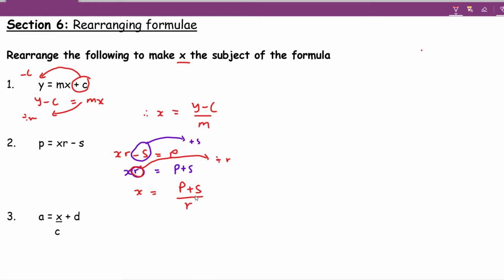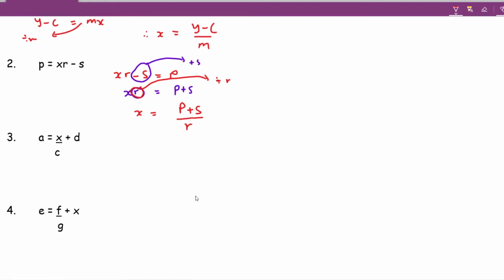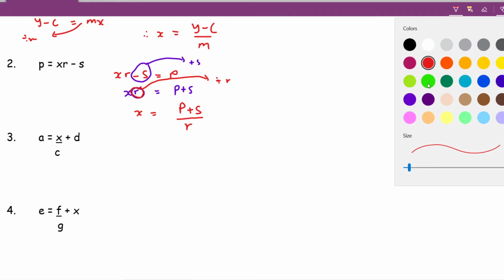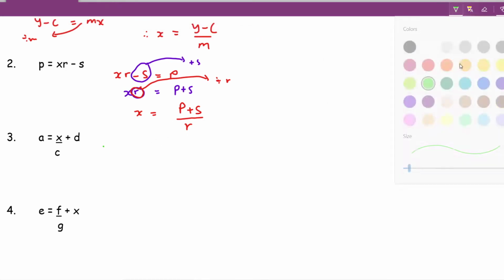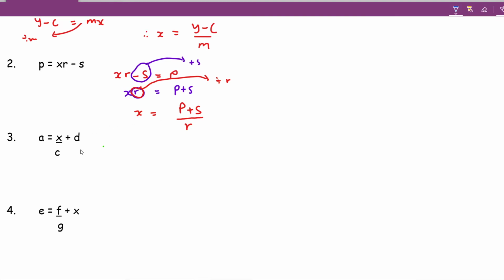Okay, so let's have a go at question 3. Again, let's keep different colors going, and if I can, stick to blue.